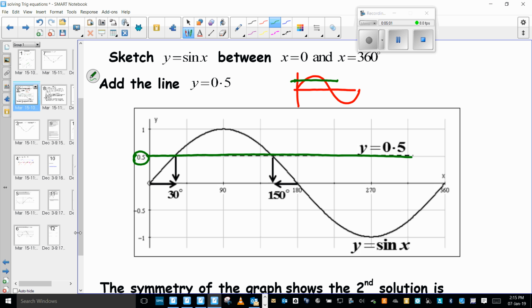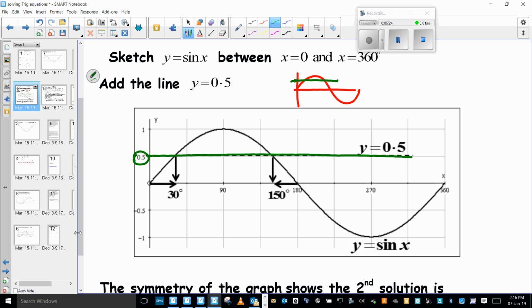Now, if we're trying to solve sine x equals 0.26, it really doesn't matter how accurate you are at drawing your value. As long as you've got it in the positive section if it's positive, and the negative section if it's negative, it really doesn't matter how brilliantly you draw it. Okay?